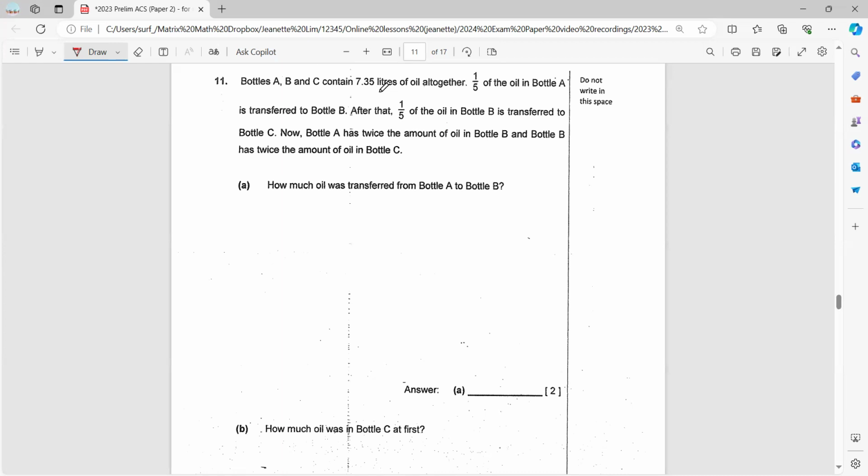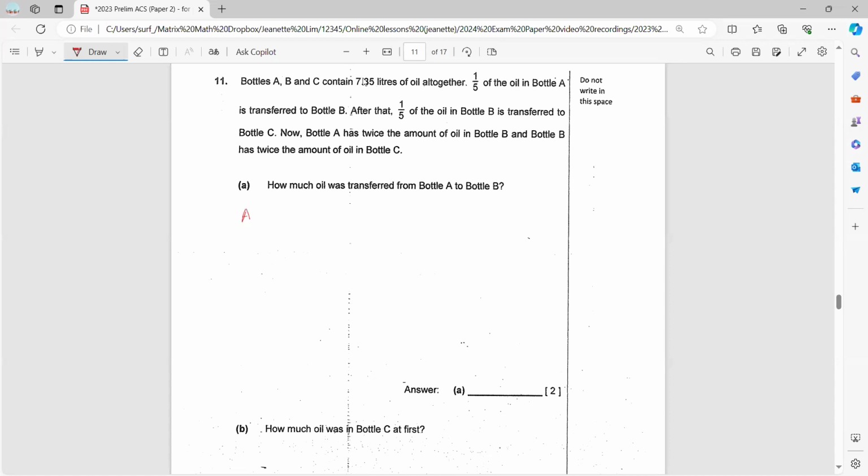Okay, all these are internal transfers, right? So this method that I'm going to use, you can use it when there are a lot of internal transfers, and you also know the total, which we do, right? In this question it is 7.35. Now, because these are all internal transfers, the total will remain the same.